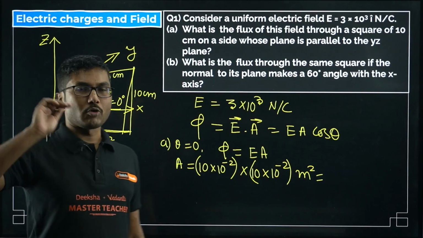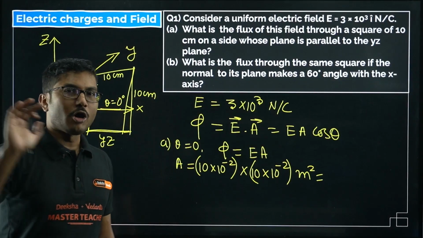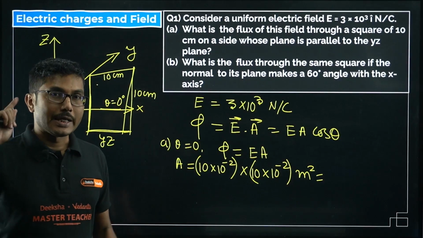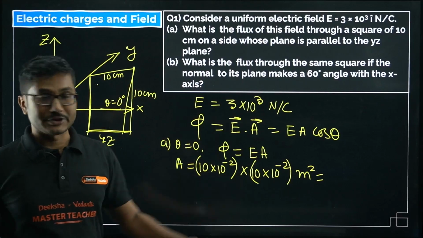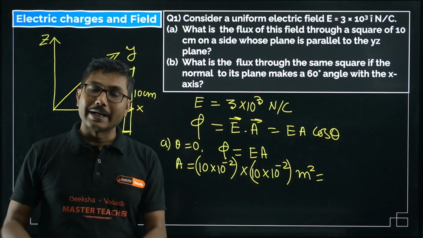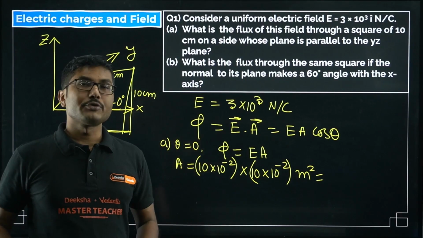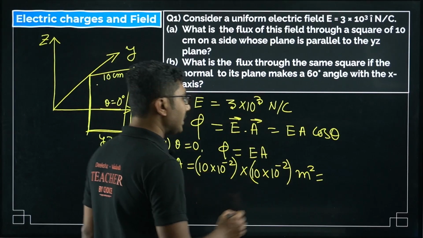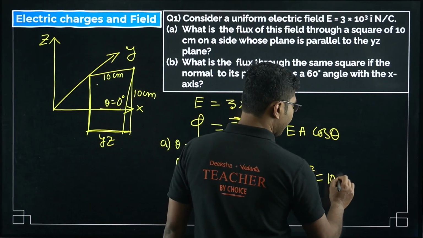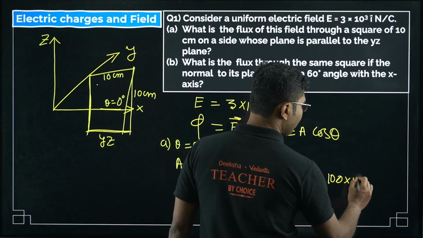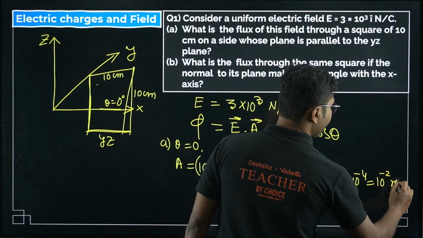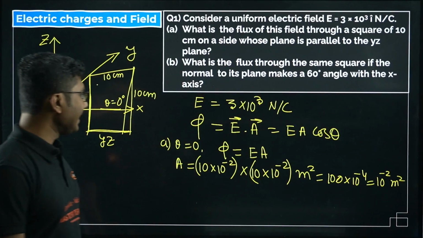Except for problems in ray optics, in all other cases you have to check if you have converted your units into SI units. That is where students make mistakes. They multiply 10 into 10, get 100 centimeter square, and forget to change it to meter square. That is the major problem. So if you multiply, you will get 100 into 10 to the power of minus 4, that is 10 to the power of minus 2 meter square. So this is the area.